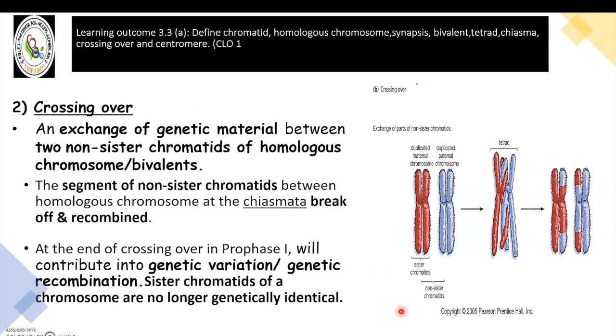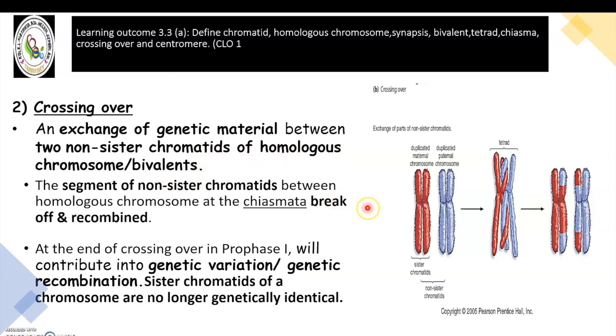The second event that occurs in prophase 1 is crossing over. It is the exchange of genetic material between 2 non-sister chromatids of homologous chromosomes, or the bivalent.